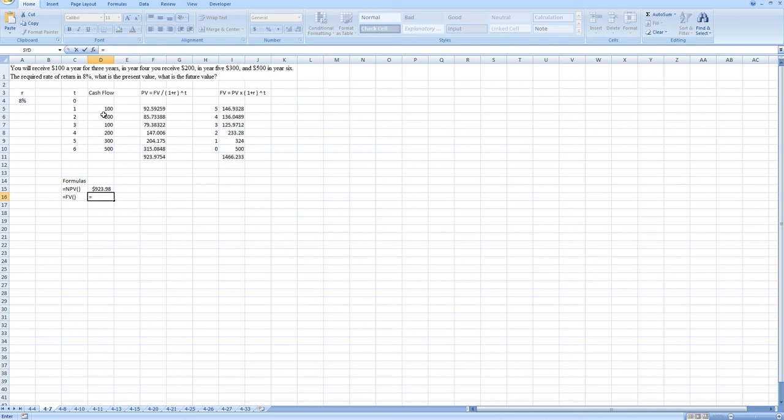The future value is a little bit more tricky. So we need a rate, 8%, and then we know that this amount is going to grow for 6 years. We're going to assume that we're making no payments over time, but today we know we have a present value of $923.98.